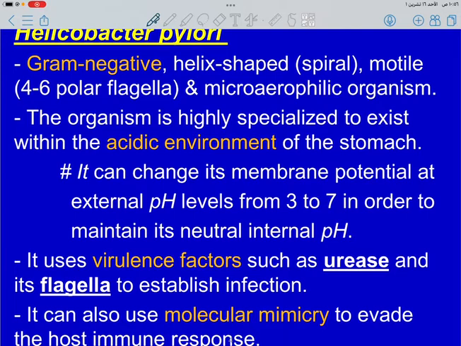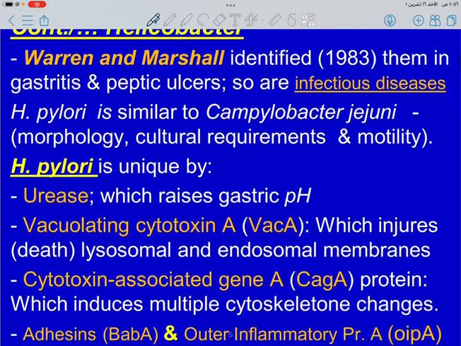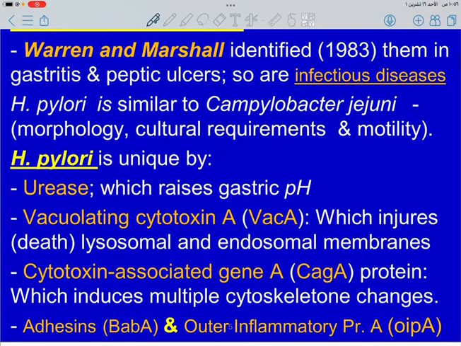It can have molecular mimicry to the host, so it can evade the immunological response. شوفوا كم قابلية عندها الجرثومة. شايفين؟ So we will go further with this microorganism, and Warren and Marshall مو كثير قبل 40 سنة أقل من 40 سنة.